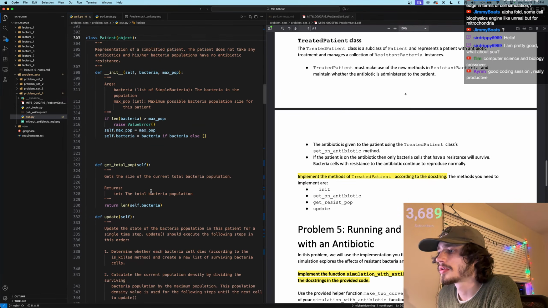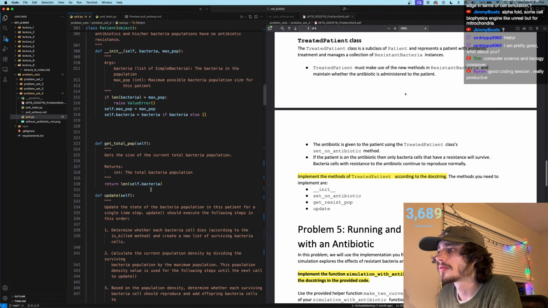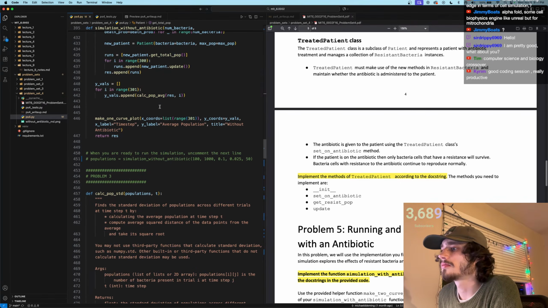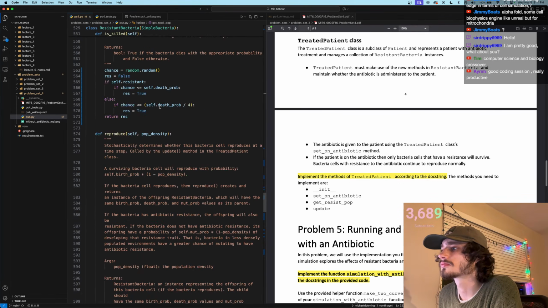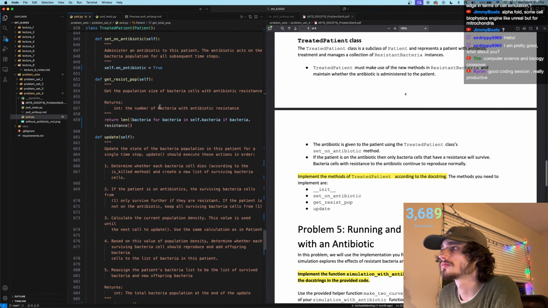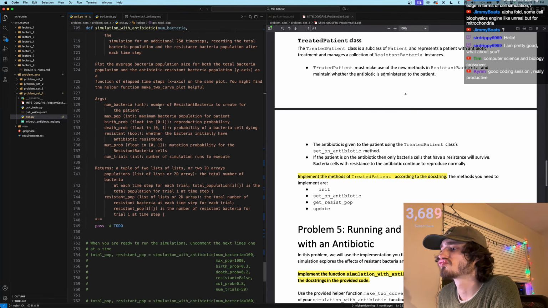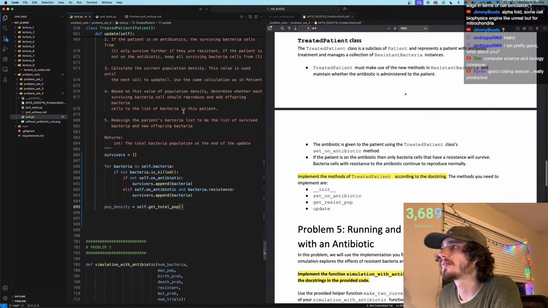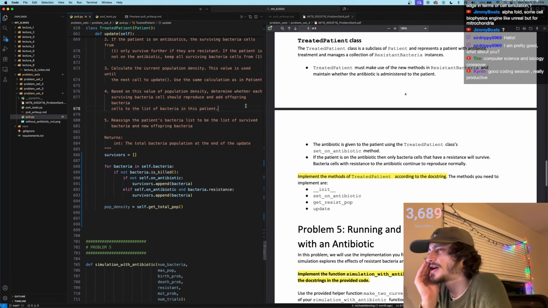Patient, like a total pop. Okay, cool. So then here: based on this value of population density, determine whether each surviving bacteria cell should reproduce and add offspring bacteria.